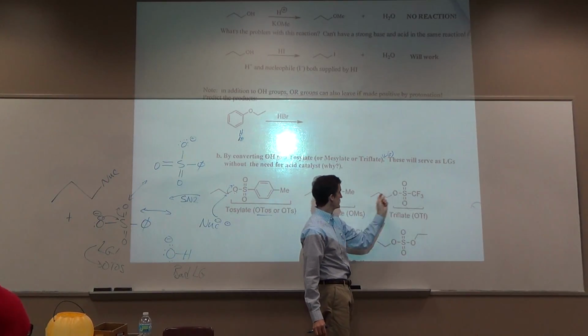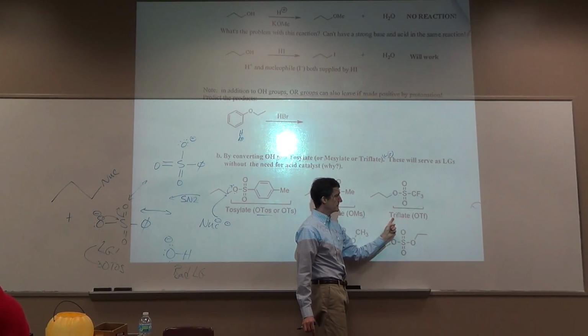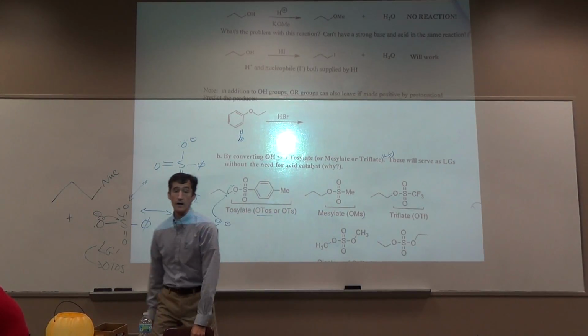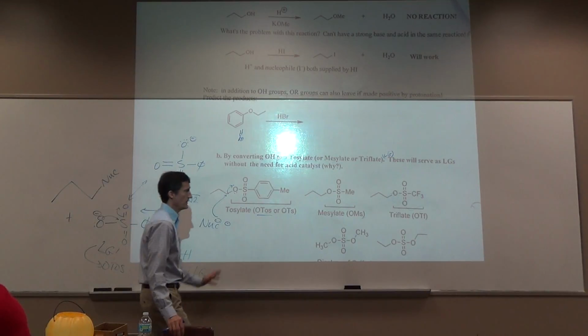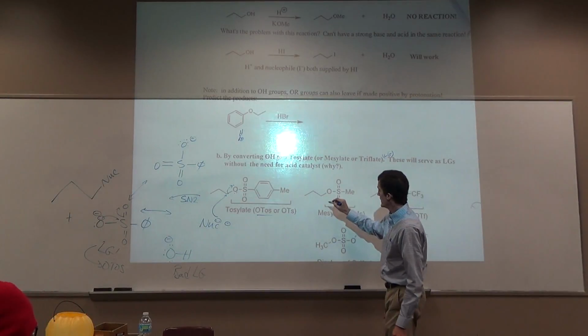You can also have a trifluoromethyl, and that's called a triflate. And triflates are actually very good. They're just more expensive and not as common. The tosylate is going to be in your textbook. These others may not be. But it's the same thing. They're all good leaving groups. You attack this carbon, kick this off. Okay?